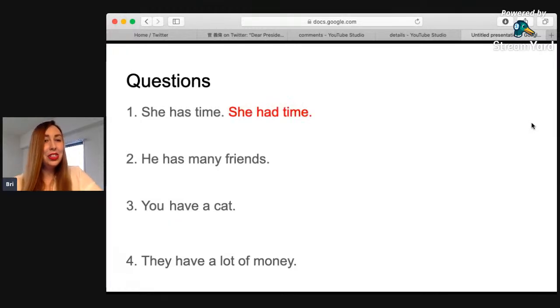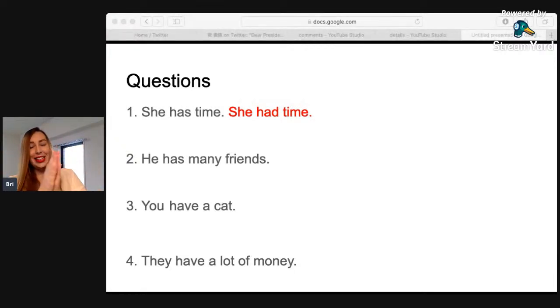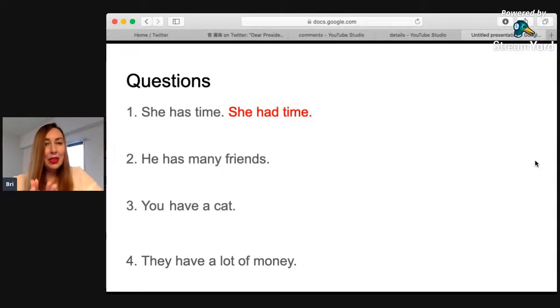Done. She had time. Oh, David got it. Very good. She had time. Awesome. So next, we're going to put it in the negative. She had time. Let's put it in the negative, but in the past.